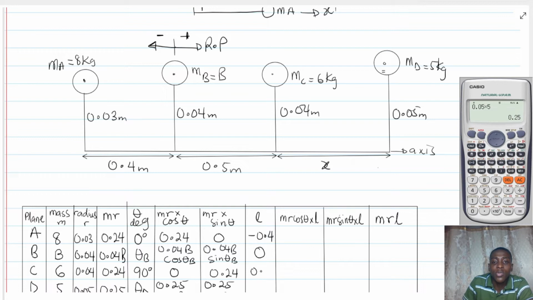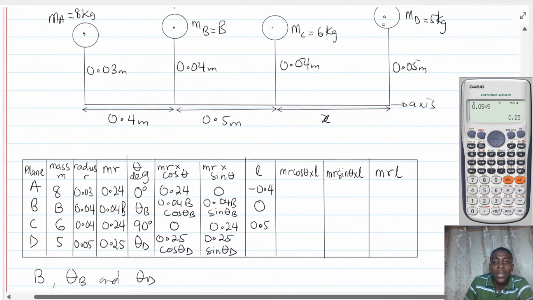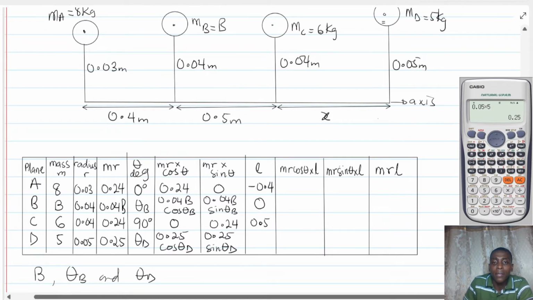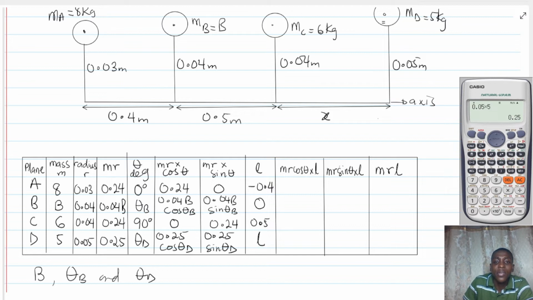With respect to C it is 0.5, and with respect to D it is 0.5 plus X. Let's call that distance LD, where LD is 0.5 plus X.